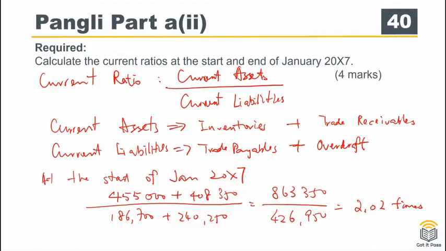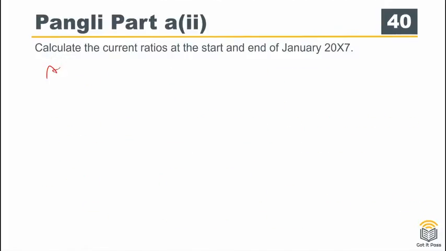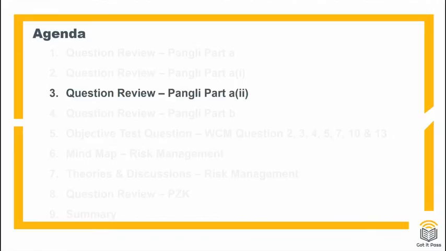And how about at the end of the period? At the end of January 2007, we got the receivables based on our workings on part A1.